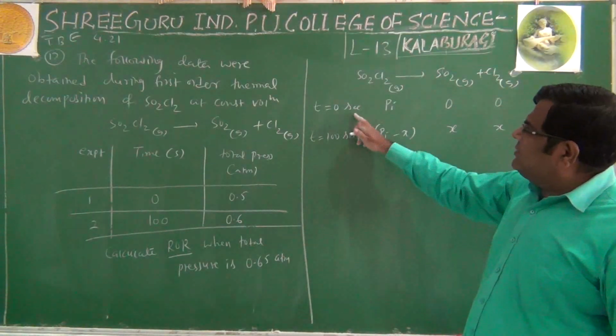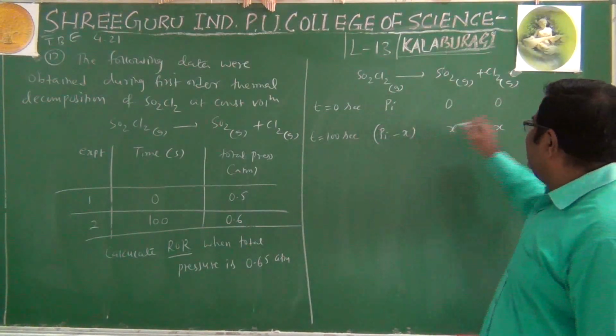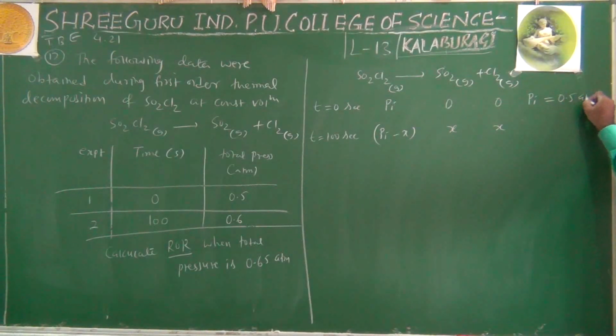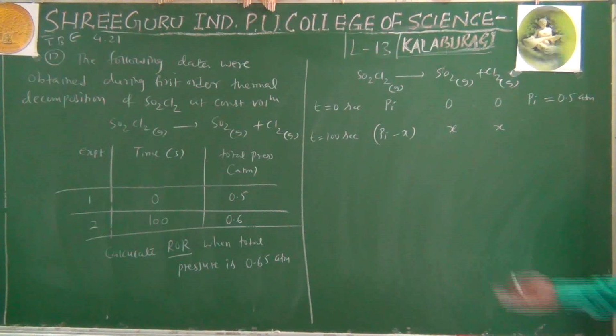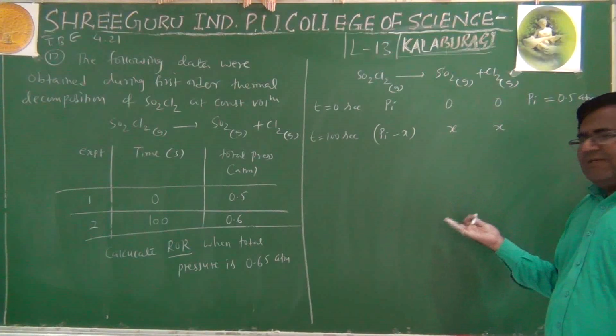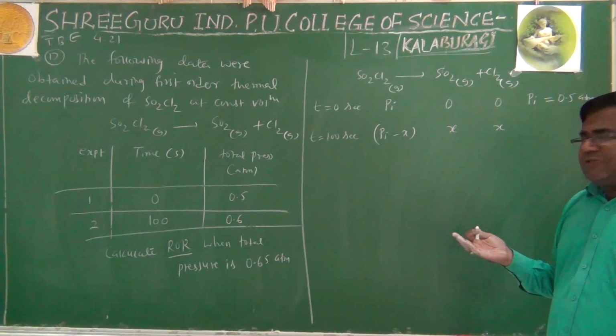Now at time equal to 0 seconds, the Pi value is before us, that is equal to 0.5 atm. And how to calculate x? We know that Pt is equal to Pi minus x plus x plus x, the regular procedure we follow.